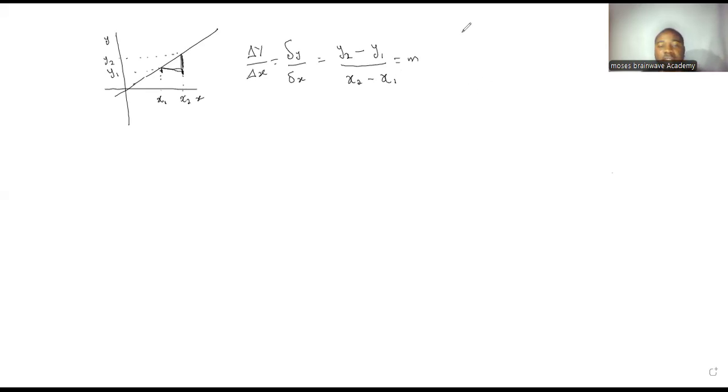Then in a straight line, this straight line is usually governed by the function y is equal to mx plus c, where c is the y-intercept, which we have established before now. This is the y-intercept, then this is the slope, right?